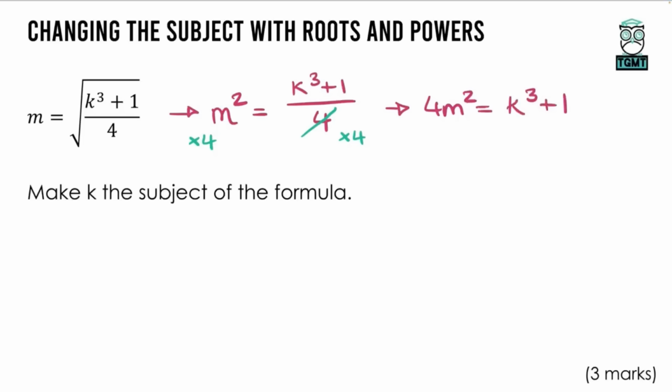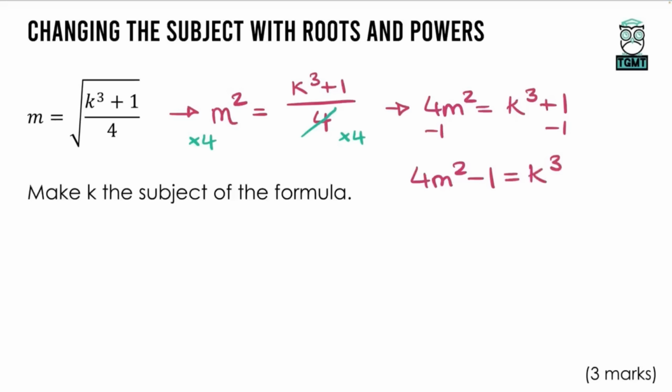Now at this point, you've got two options. We could cube root, however I do like to do the powers last, as normally you do powers first when you're going forwards, but we are doing the inverse. But you just need to remember you'd have to cube root everything. So instead of doing that and forgetting to cube root things, I'm going to subtract this 1, and that will leave me with 4m squared minus 1 is equal to k cubed.